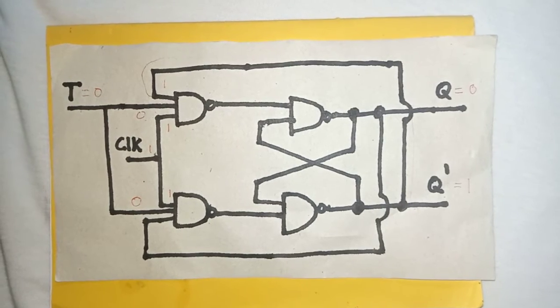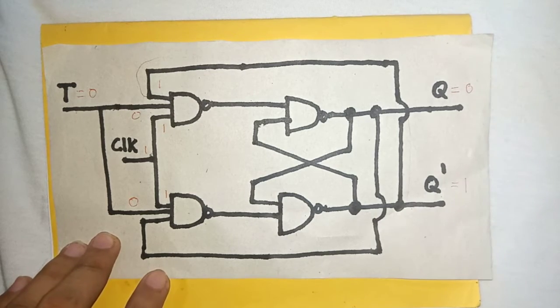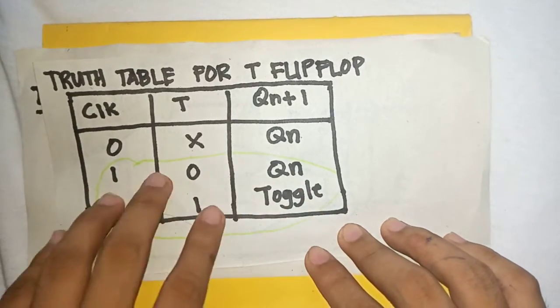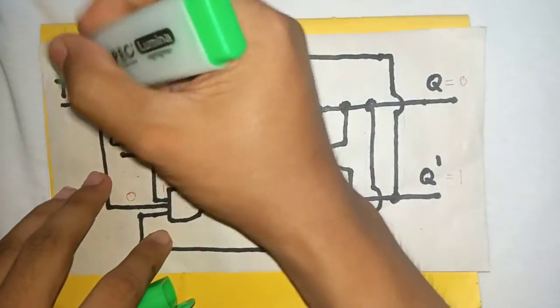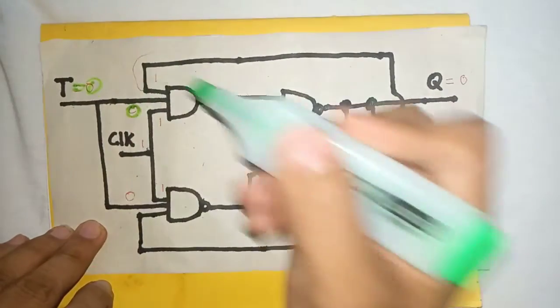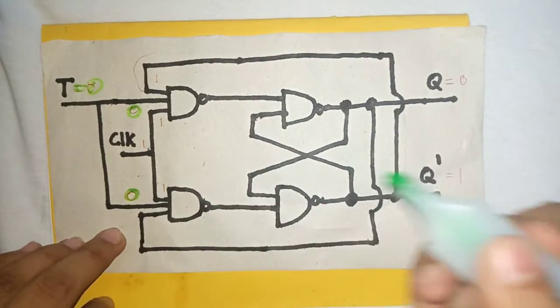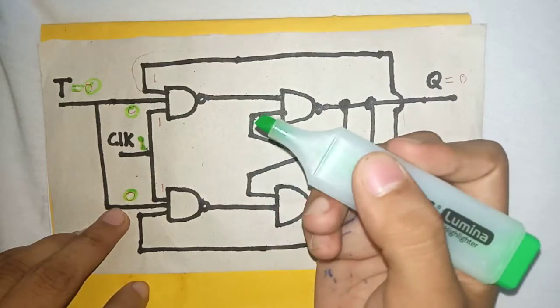Here we have the logic circuit diagram of the T flip-flop. Here we will input this one when the trigger is 0. We have a 0 here in the J input, and also in the K input we have a 0, assuming that the clock is 1.